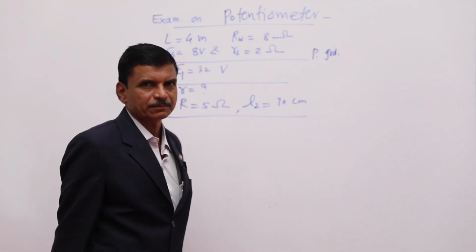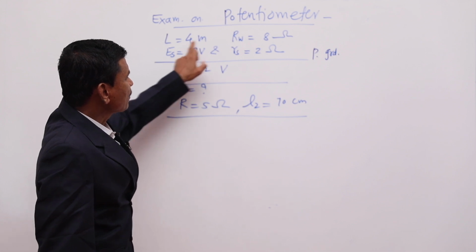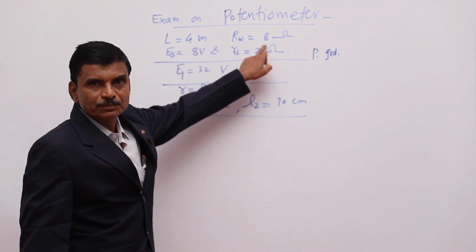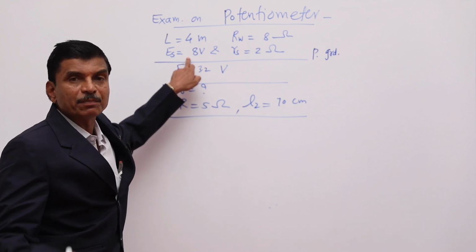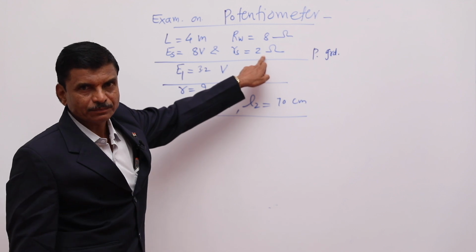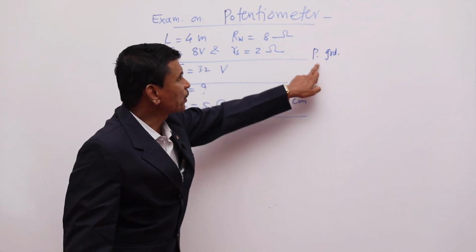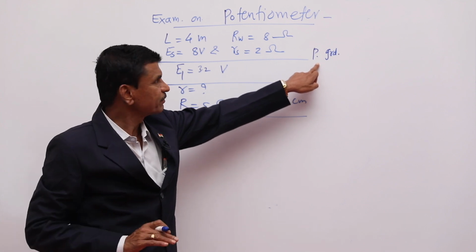Again I am repeating. A potentiometer wire of length 4 meter has resistance 8 ohm, and is connected with a battery or accumulator having EMF 8 volt and internal resistance 2 ohm. Calculate potential gradient, that is potential difference per unit length.